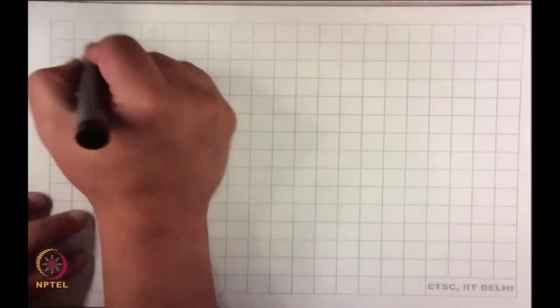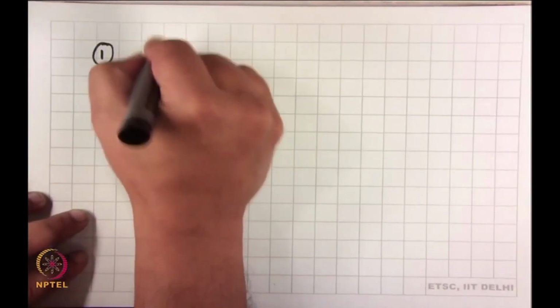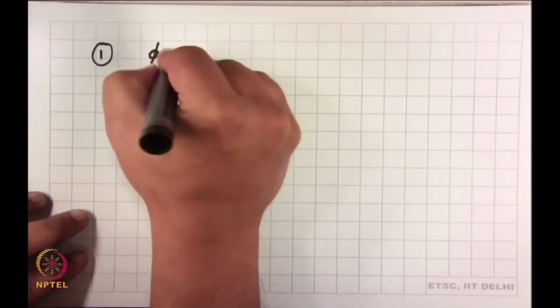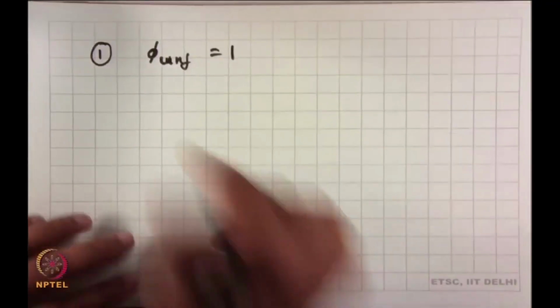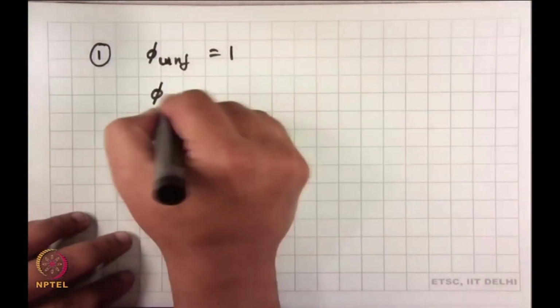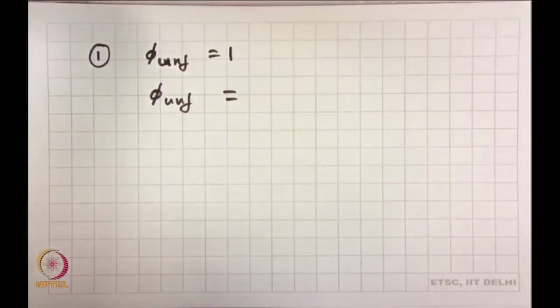So, suppose I have phi unfolding equal to 1. From before, which is the first slide, what was phi unfolding equal to?